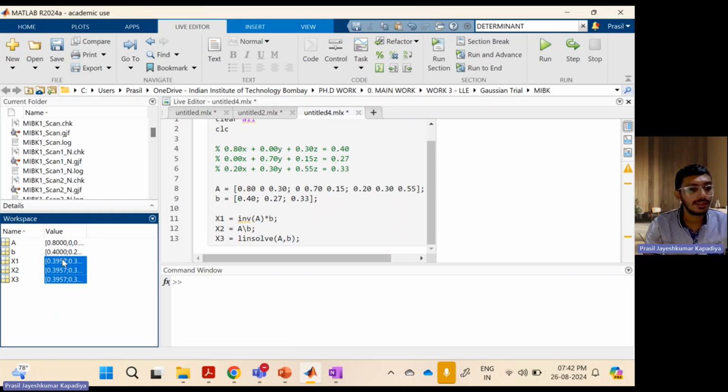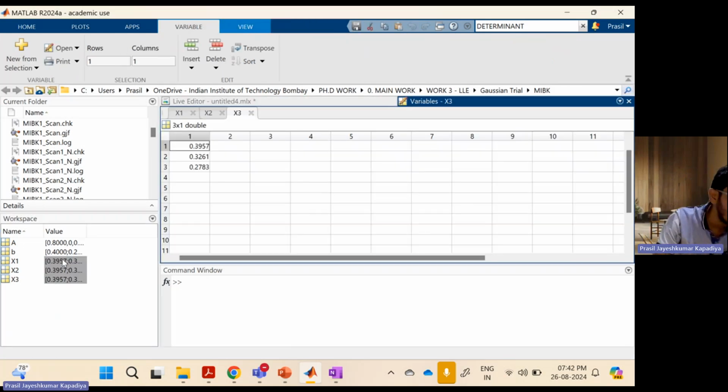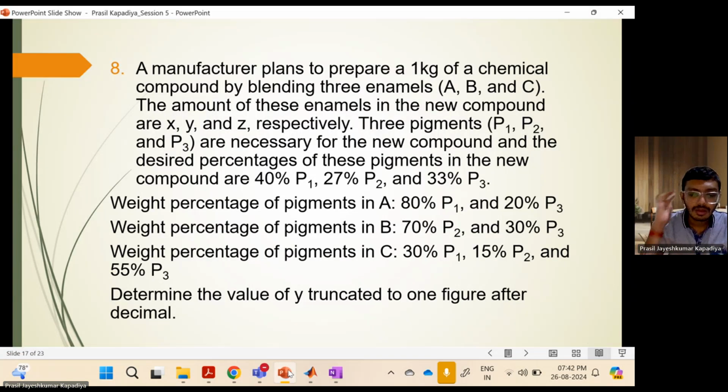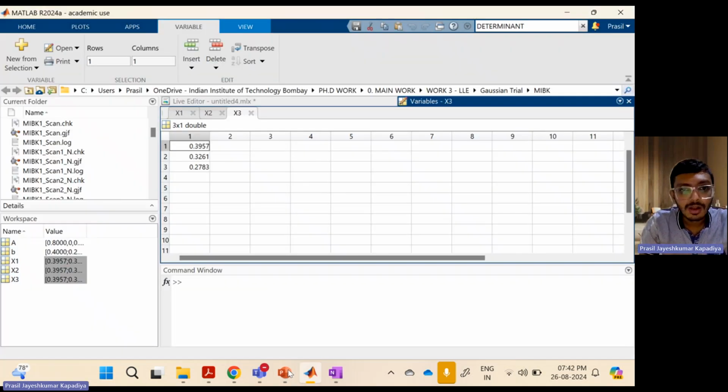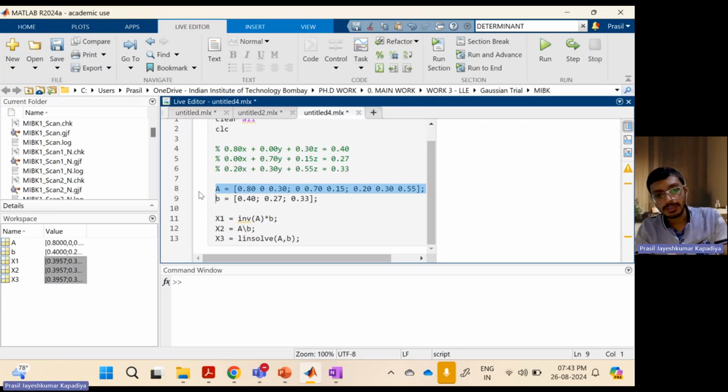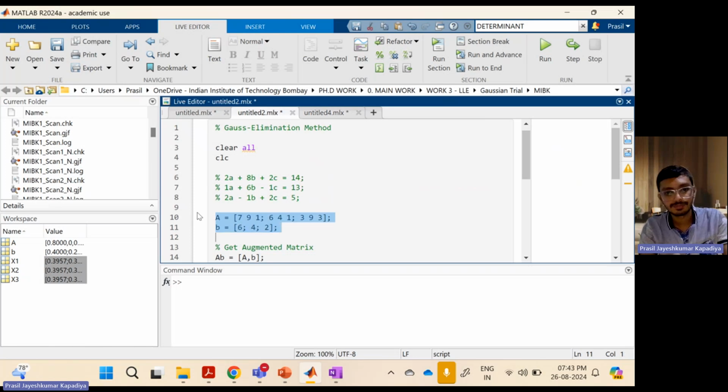I have x1, x2. All three methods will give the same answer ultimately. What I am asked is the value of y truncated to one figure after decimal. So it is 0.3, correct? We are getting the same answer from all three methods. Let me copy this here into the Gauss elimination method. We'll get the same answers.